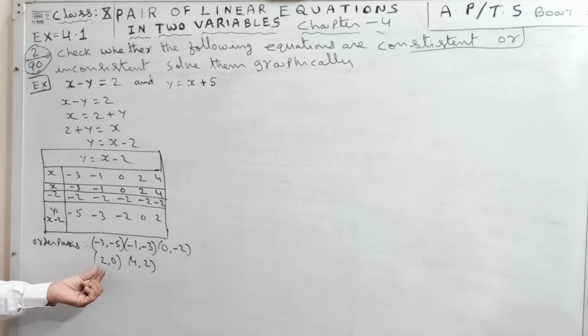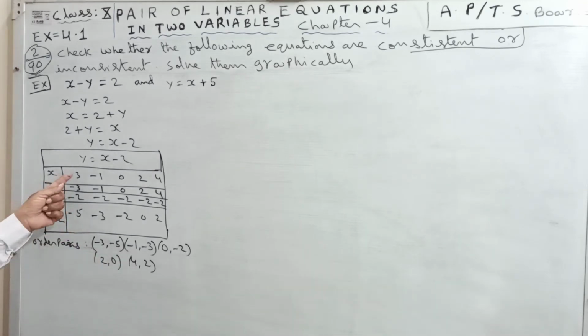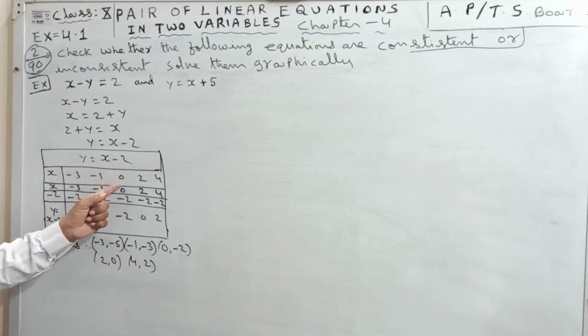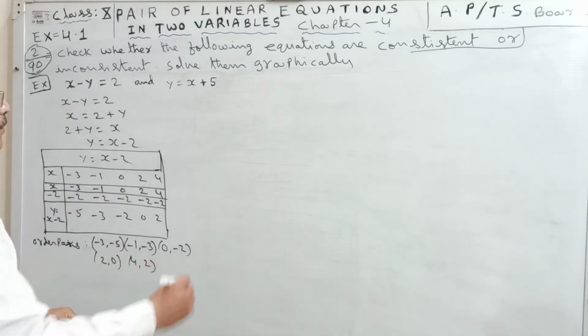Already you know very well, the first value is the x value, the second value is the y value. So x value, y value, x value, y value; like this I am writing. So for the first equation the points will come.